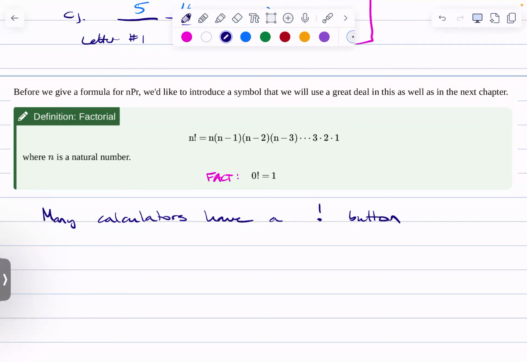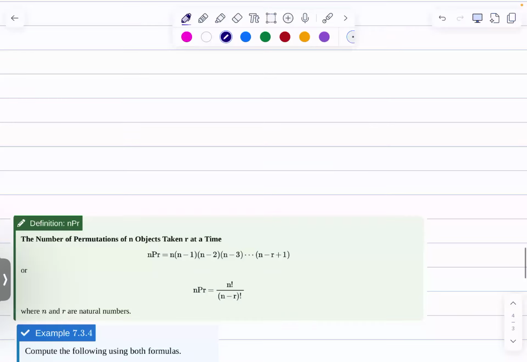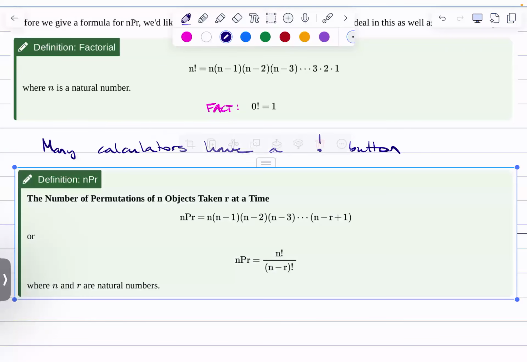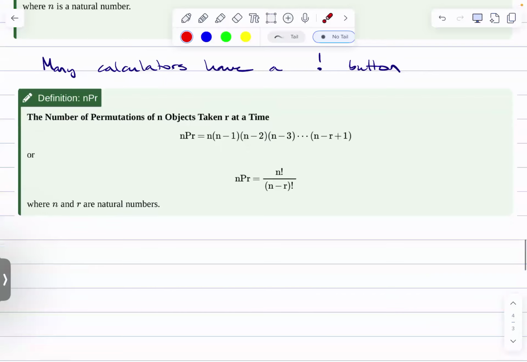We won't really need it, so it's okay. Now we're ready for the actual permutation formula. The number of permutations of n objects taken r at a time.